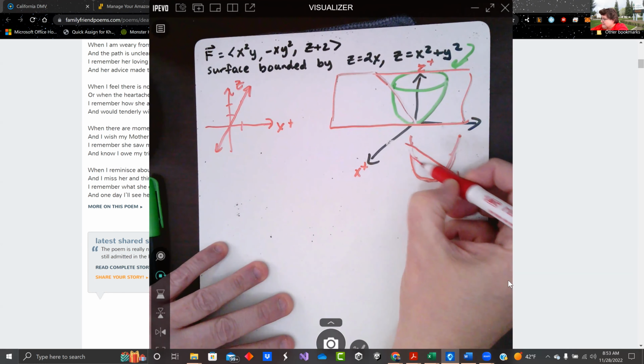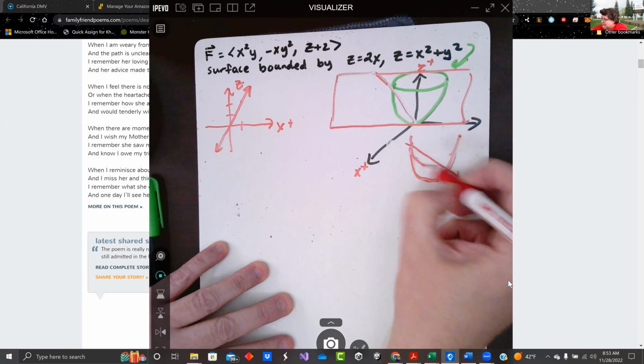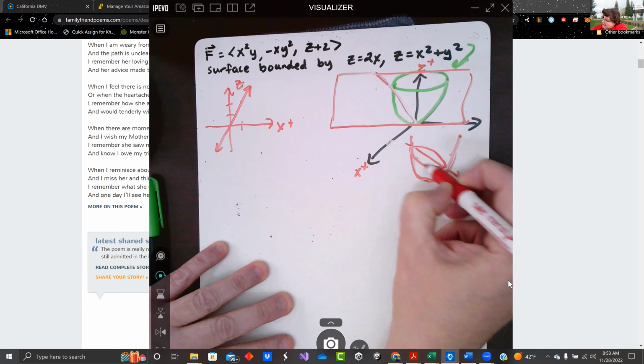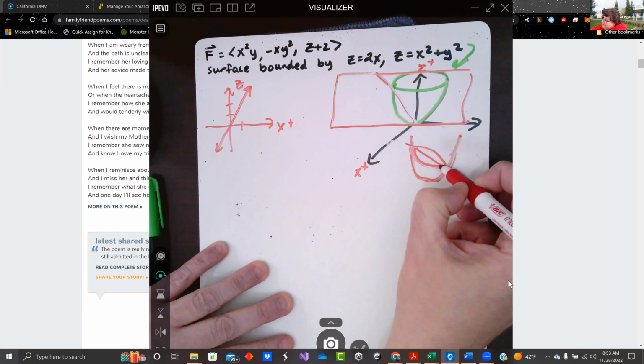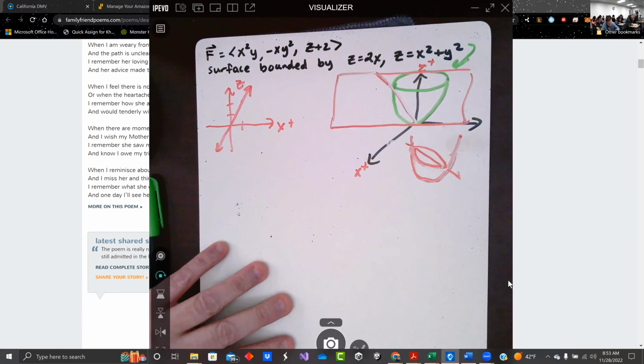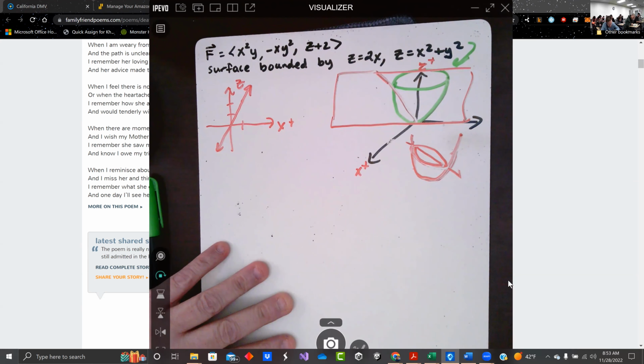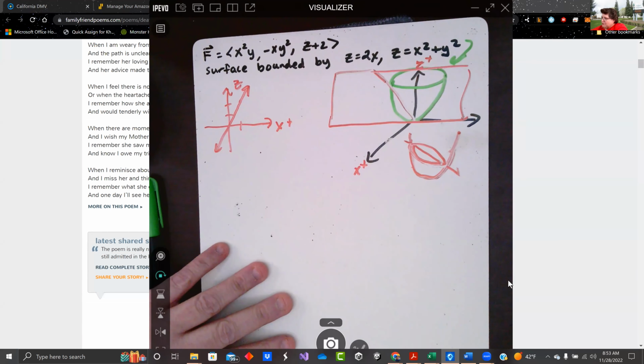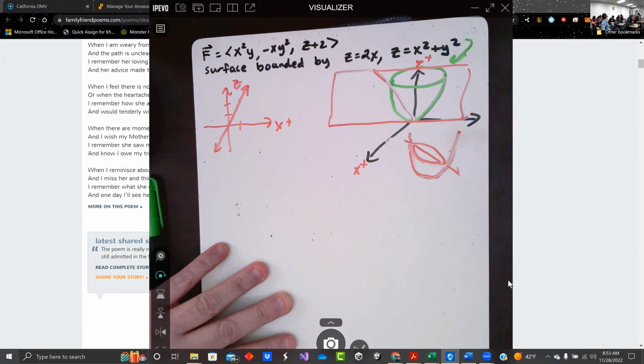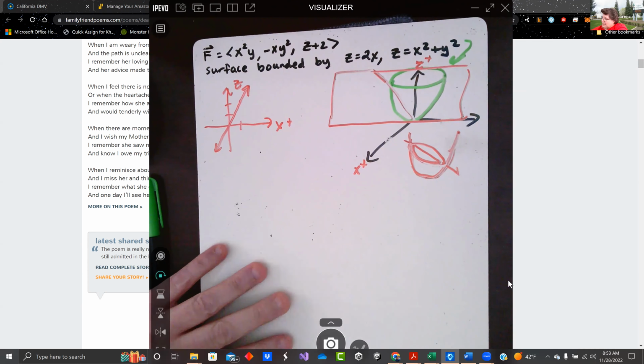So this should have some weird shape like this along the... I could tell right away that I want to use cylindrical again. So it's a crazy shape.